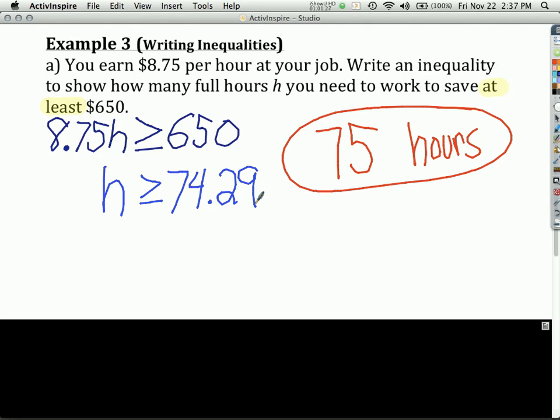If your employer allowed you to work fractional little bits of hours and somehow would allow you to work 29% of an hour, then you would earn exactly $650 at that moment. But most employers don't allow that, so you would have to get 75 hours.